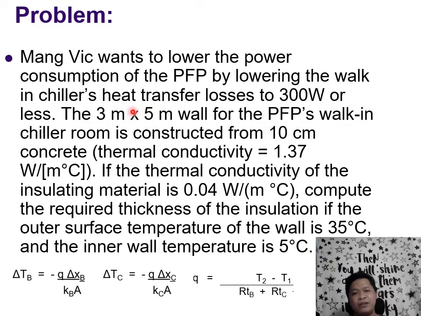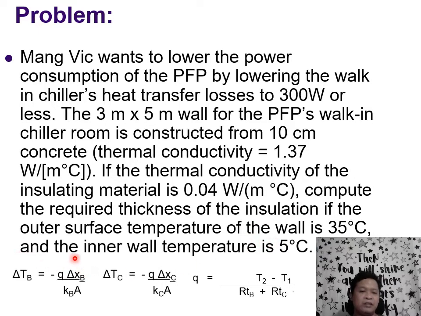If, for example, the total conduction area of the chiller wall is 3 by 5 meters, and the chiller wall is currently constructed from 10 centimeters thick concrete with a certain thermal conductivity. Given a thermal conductivity of 0.04 watts per meter degree Celsius, compute the required thickness of the insulation if the outer surface temperature is assumed to be 35 degrees and the inner surface is maintained at 5 degrees Celsius.